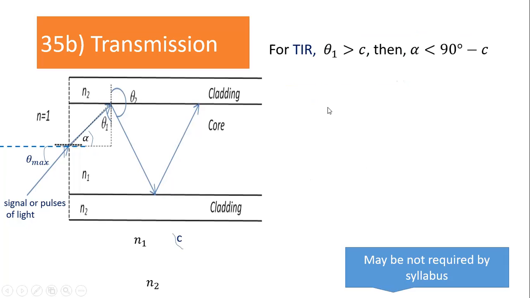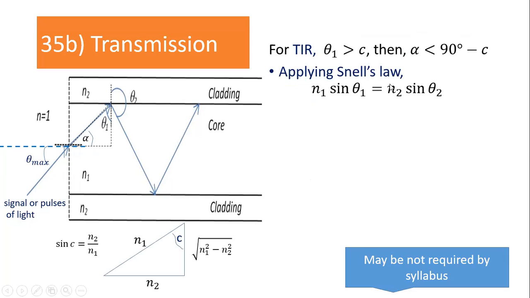I'm not going to go through all the physics involved. It's in your book, but it's not mentioned in your syllabus. I don't think we need to worry about all this formula. Just keep in mind that there is a maximum angle that it can go in.